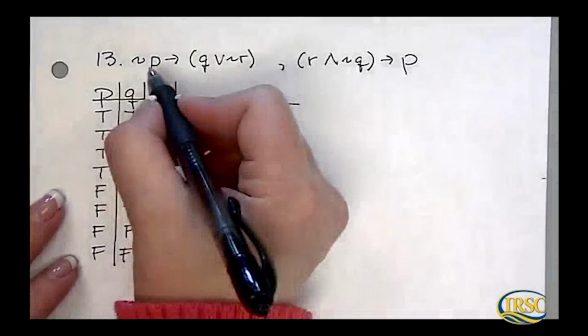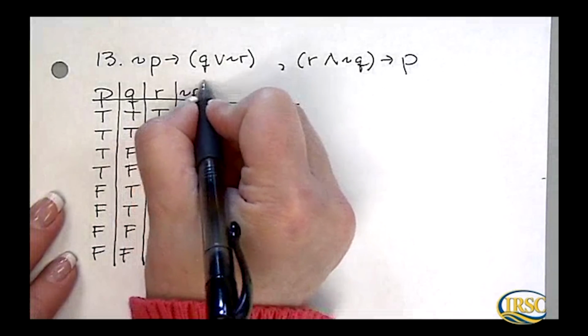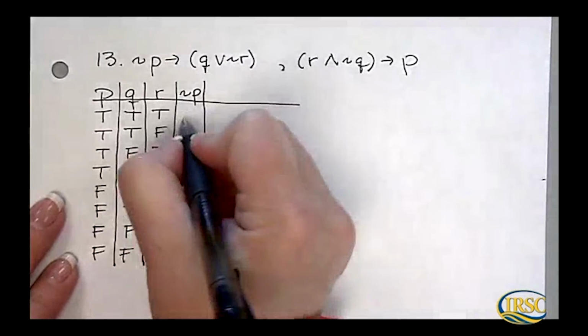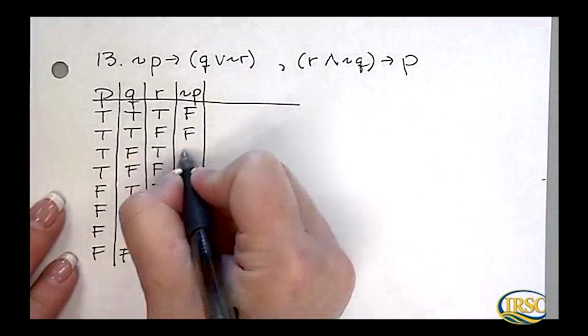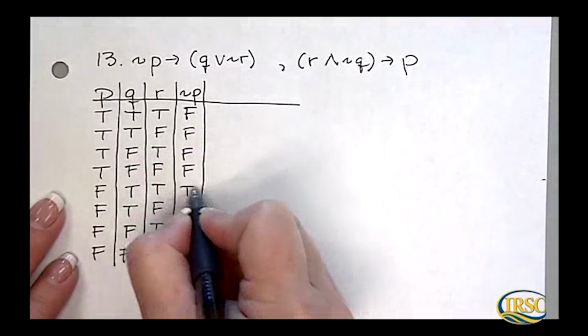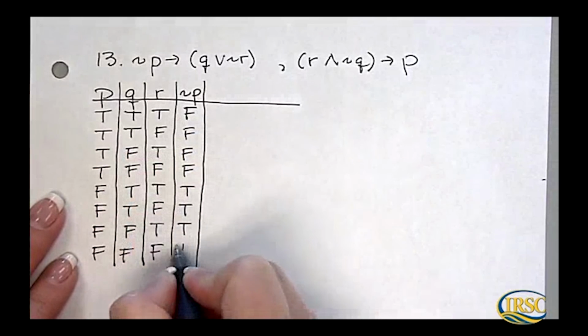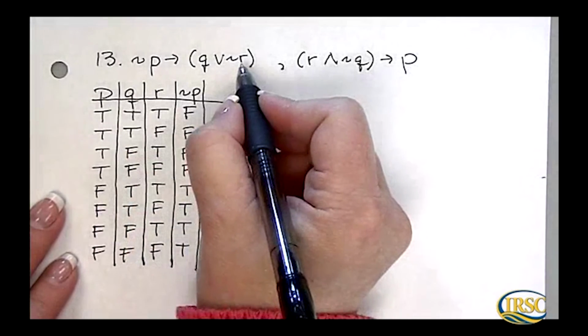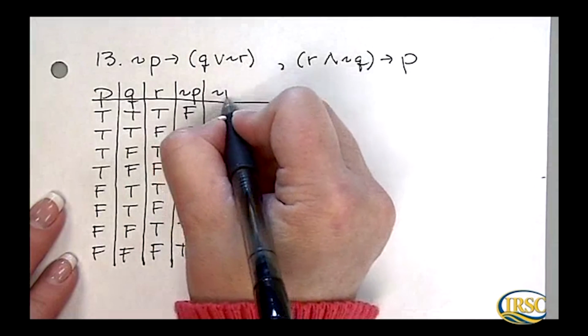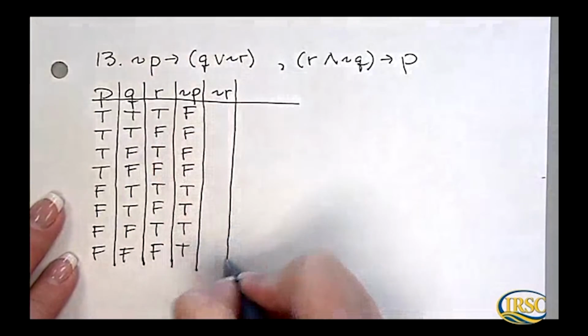Okay, we need a not P, so that's the opposite of P. And then we also need a not R, so the opposite of R.